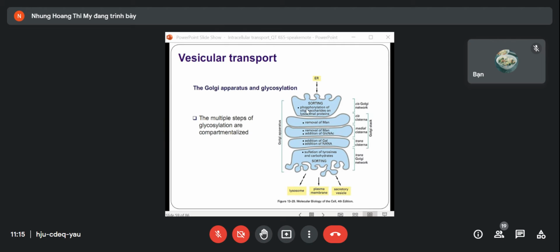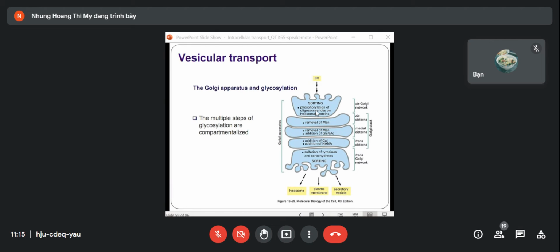And during the time they stay in the Golgi network, the protein also undergoes modification by many processes inside the Golgi, such as the phosphorylation or the adding of the sugar group, and other modifications.